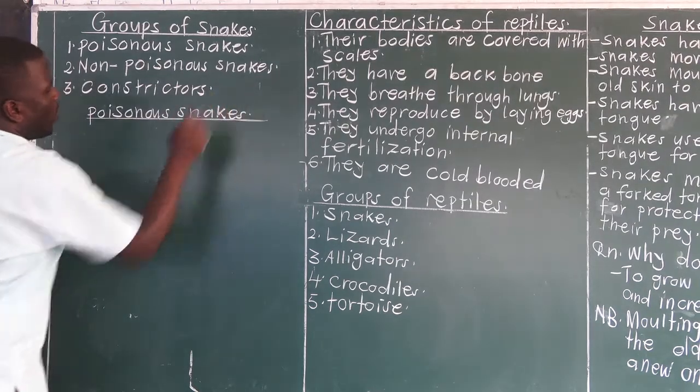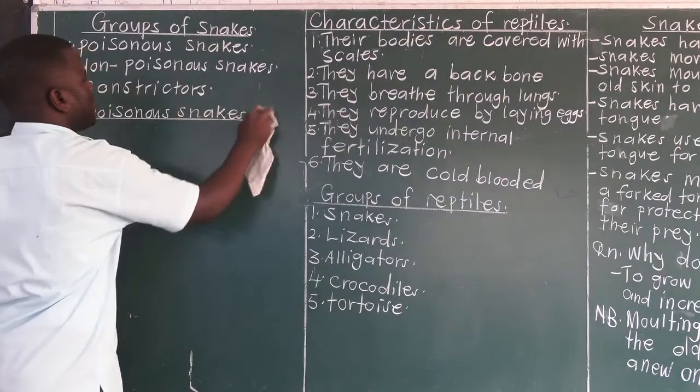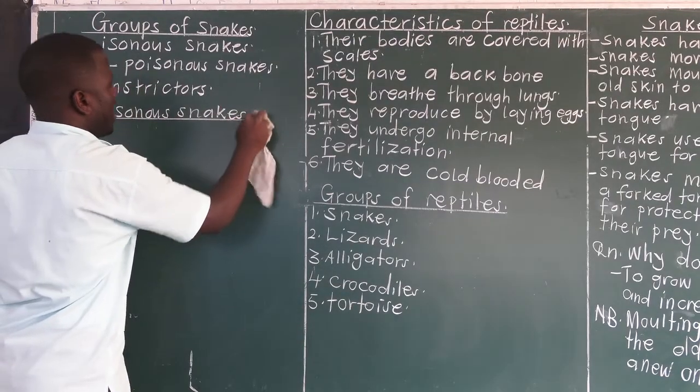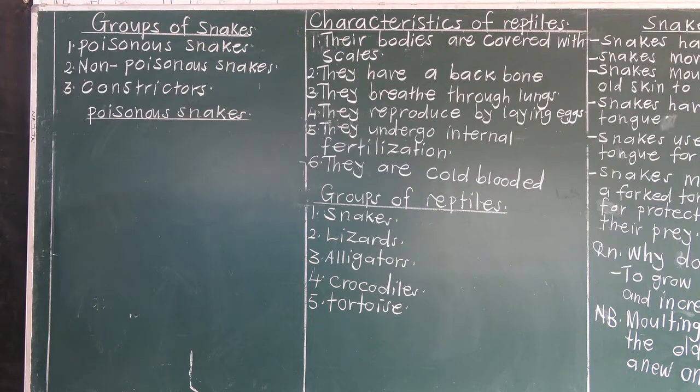Remember, we said snakes are grouped into three. We have poisonous snakes, non-poisonous snakes, and constrictors. So we're going to begin with poisonous snakes.